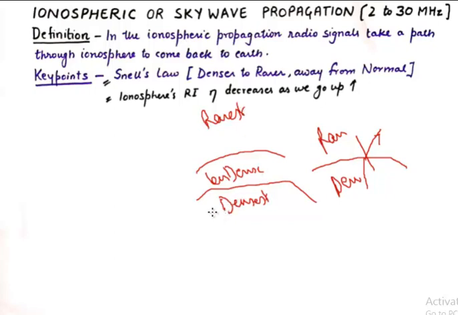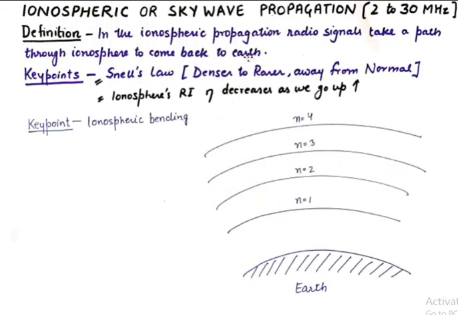So what do we expect when we go from one layer to the other? It will bend a little away from the normal. That is what is expected, and at some point that refraction will be translated into total internal reflection, and that is what causes the wave to turn back to the earth. So let's see how that happens.